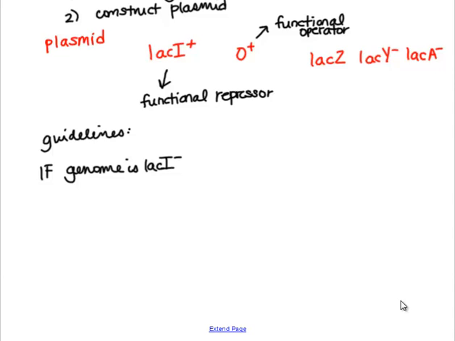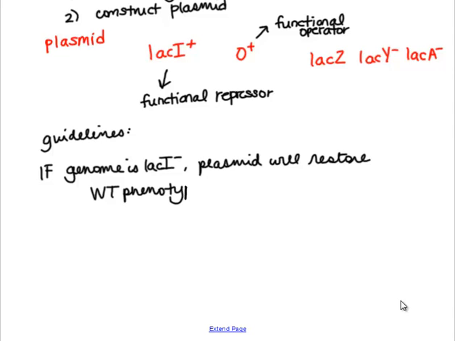So if the genomic was LAC-I minus, the plasmid will restore a normal phenotype, which is where the structural genes are only expressed when lactose levels are high.